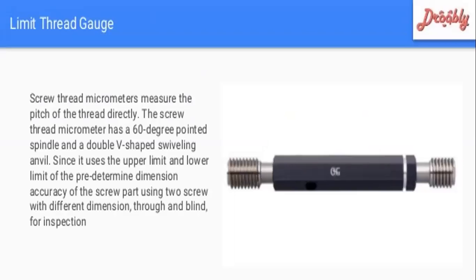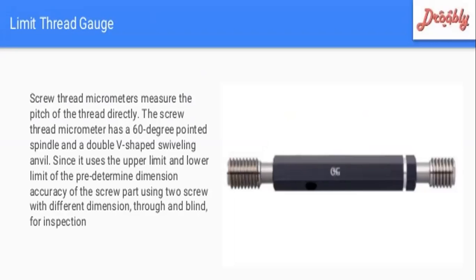Last one is the limited type of thread gauge. These screw thread micrometers measure the pitch of the thread directly. So these can be measured directly, and the screw thread micrometer has a 60 degrees pointed spindle as we have seen in the last slide, and it has a double V-shaped swiveling anvil over it.